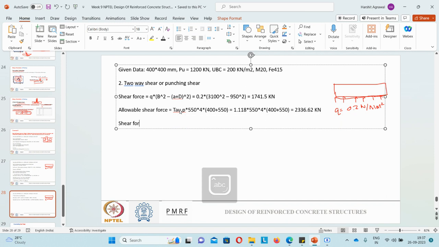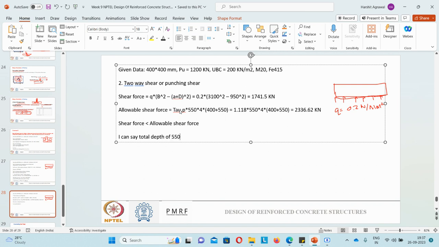Since my shear force is less than the allowable shear force, I can say the total depth of 550 mm is sufficient. So the depth that we have chosen is safe.